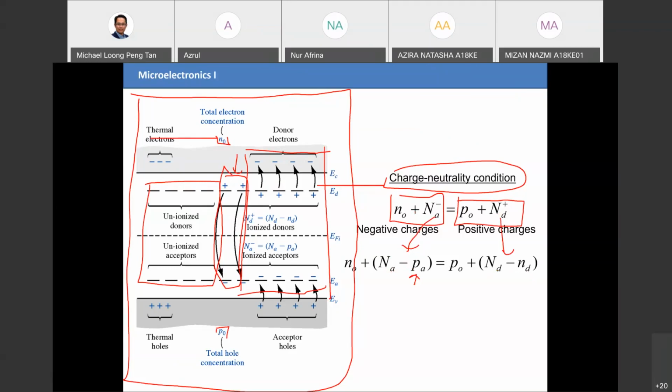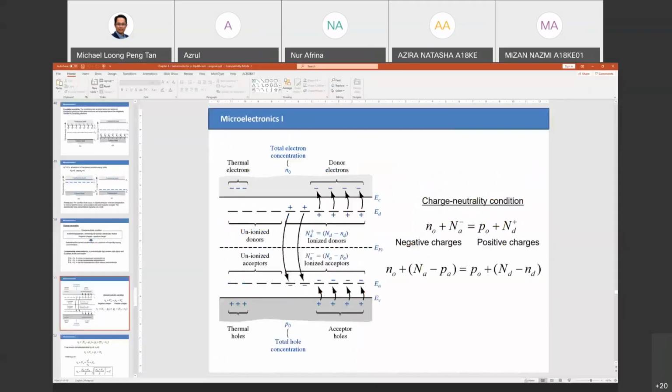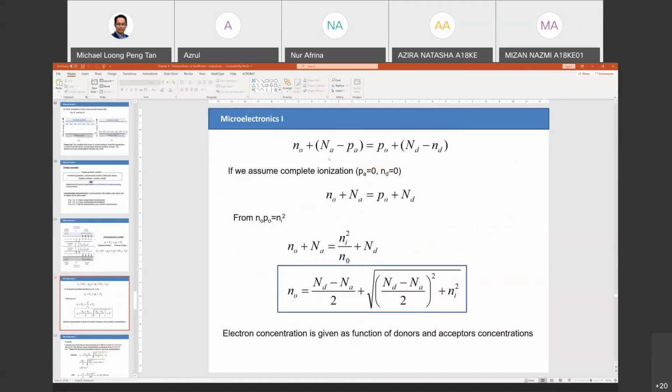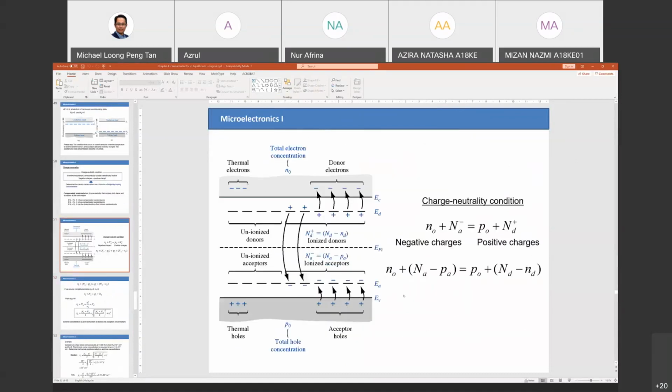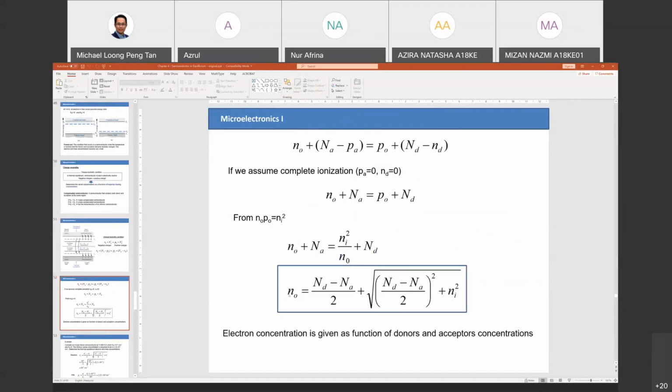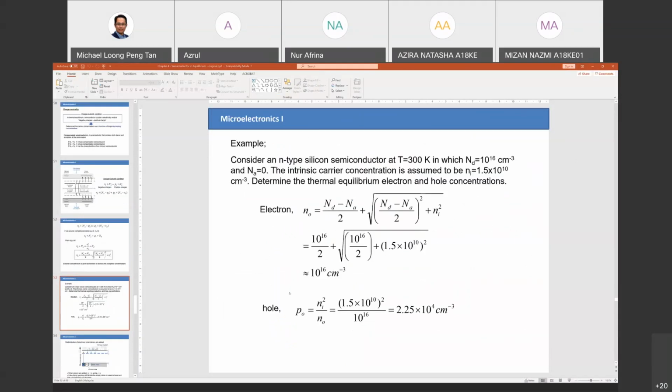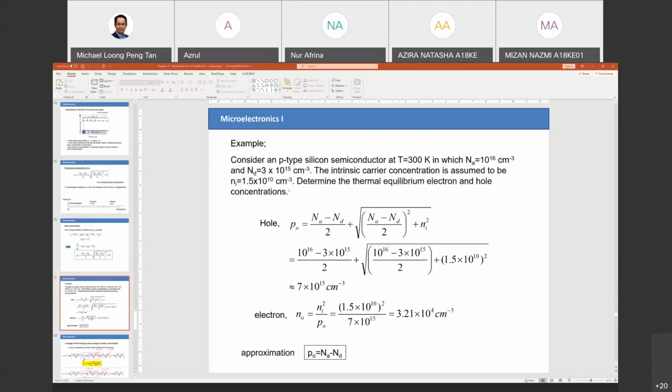All right, so far okay. So this is explaining how they get another equation for NO, and going down here, another for PO.